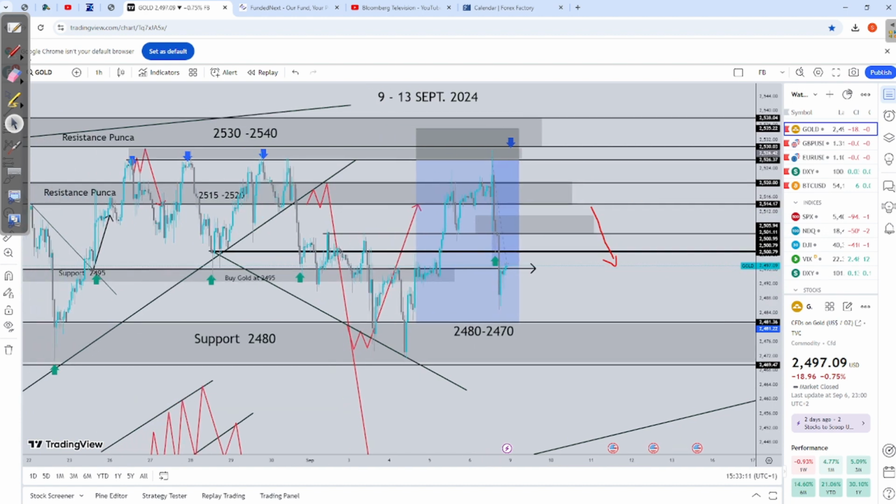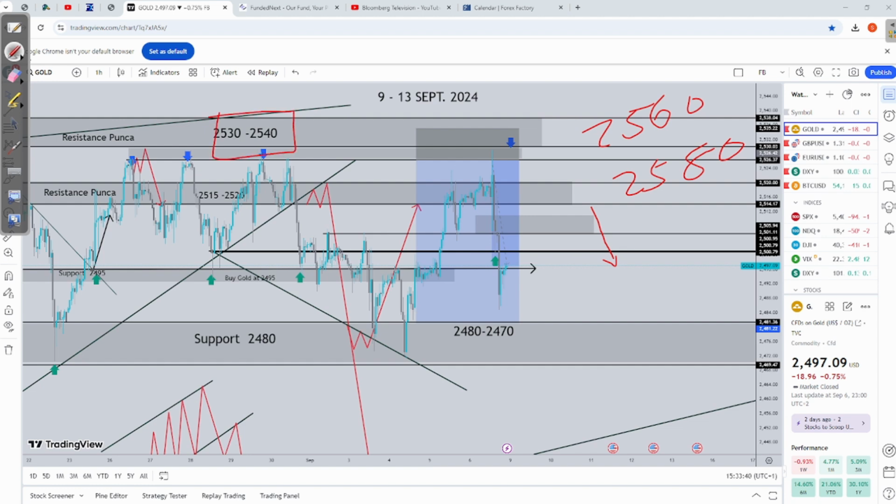But if it bypasses 2540, then we will look at the market to go all the way to 2560 or 2580. But it has not broken our resistance zone.